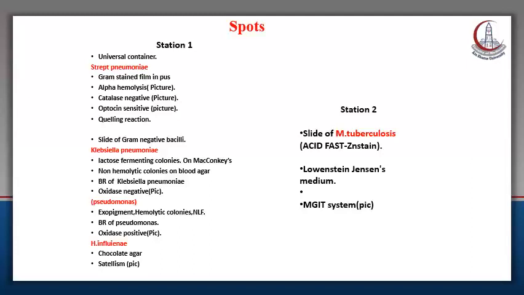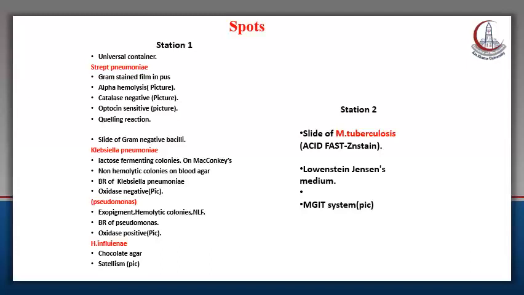Then, for the Strep pneumoniae scenario of case 1, we have the Gram-stained film with diplococci in between the pink segmented cells, the picture of alpha hemolysis on blood agar, the picture of the catalase negative test, and the picture of the optochin sensitivity, which is sensitive in the case of Strep pneumoniae, and the last, the Quellung reaction.